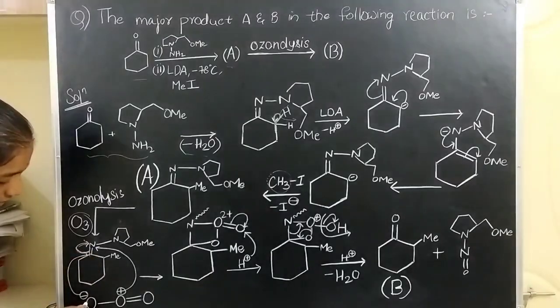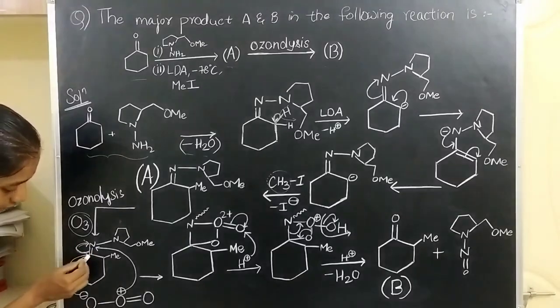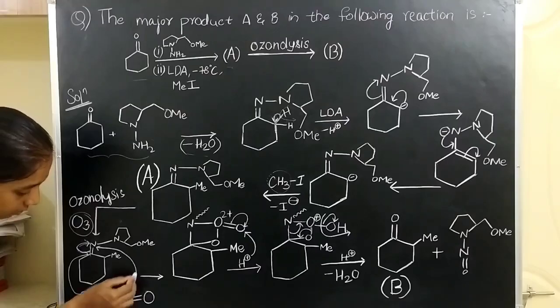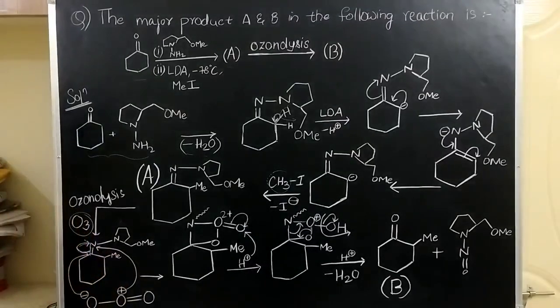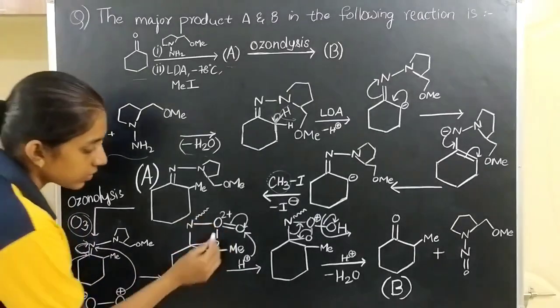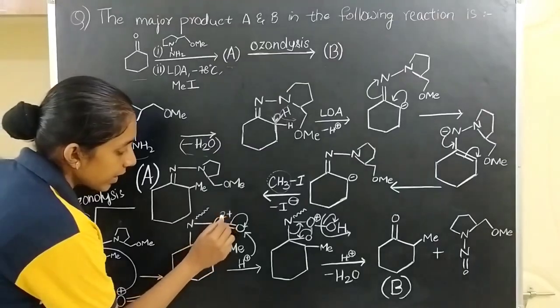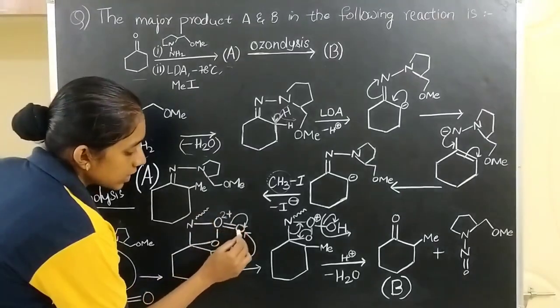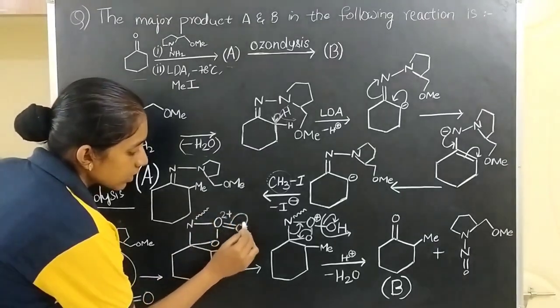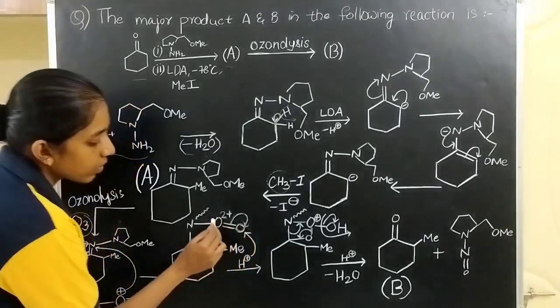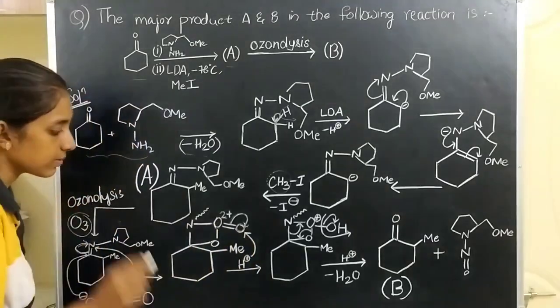Now this negatively charged oxygen will form a bond with the positively charged carbon. This positively charged oxygen will form a bond with the negatively charged nitrogen, giving us a 4-membered heterocyclic ring. Now this oxygen here will be carrying a 2+ charge. This oxygen will take the bond from oxygen and will get a negative charge. This oxygen will now carry a positive charge.